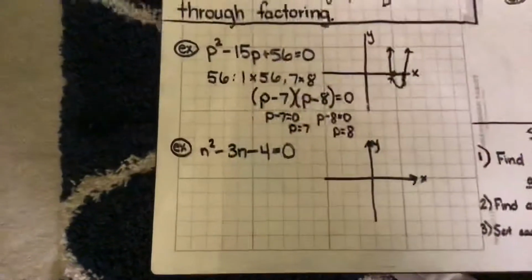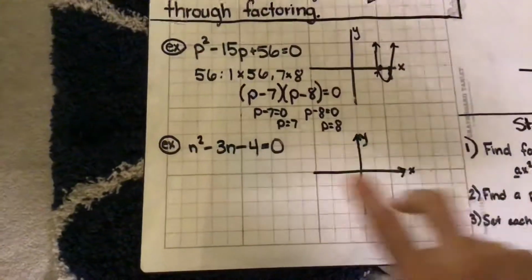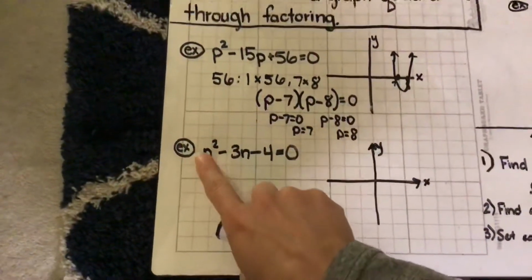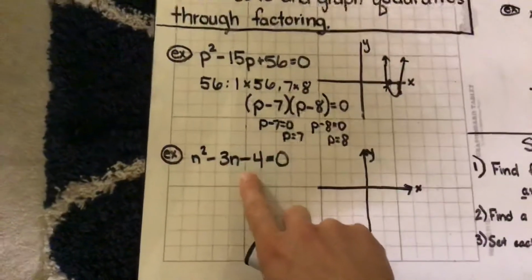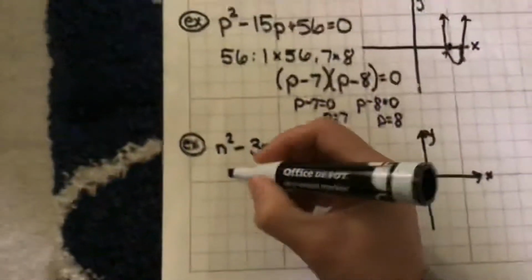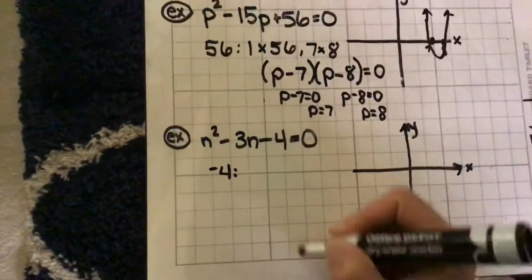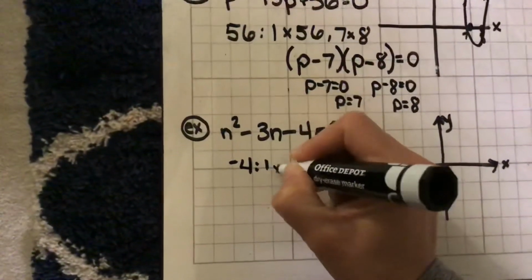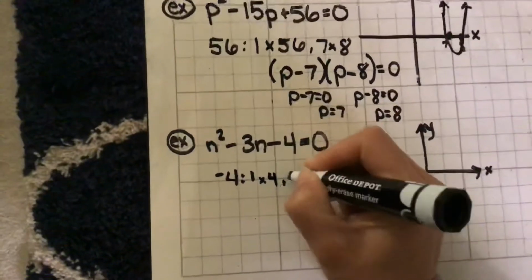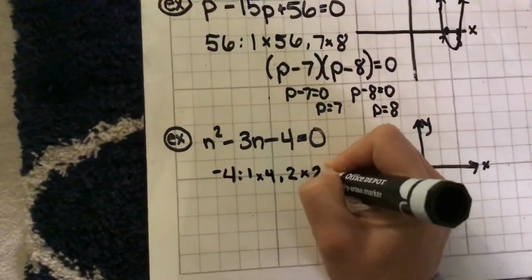Looking at our steps tell us that we need to find factors of the 1 times negative 4. So we're going to look for factors that multiply to negative 4. Well, negative 4 is made up of 1 times 4 and 2 times 2.